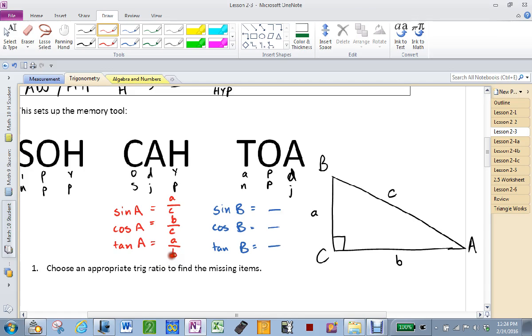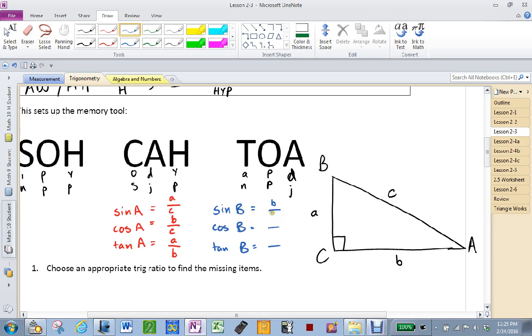Now, we are at a different theta, which means what changes? O, A, or H? Only O and A. So for B, what's opposite? Little b.